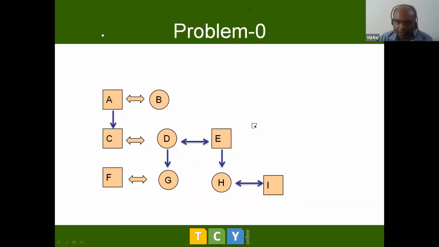An arrow down indicates moving down the generation, so it is father to son or daughter, or mother to son or daughter, fine? So we make a diagram like this from the statements given in the question, and then we proceed ahead, right?